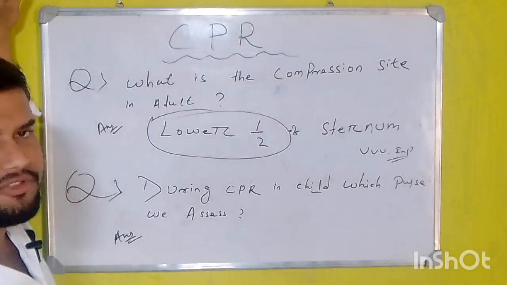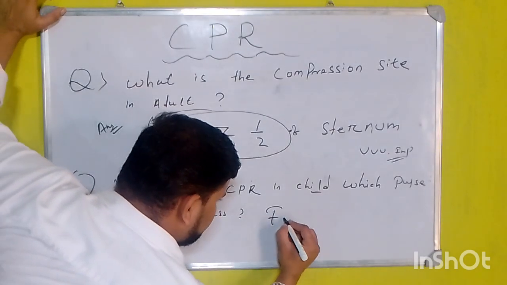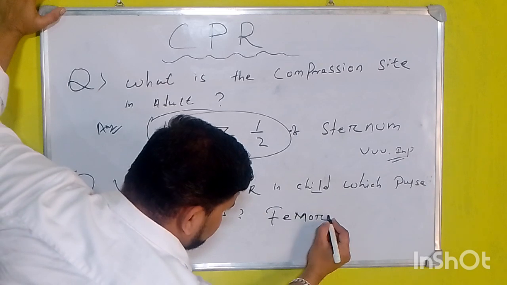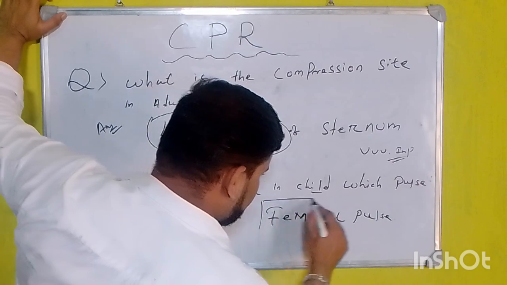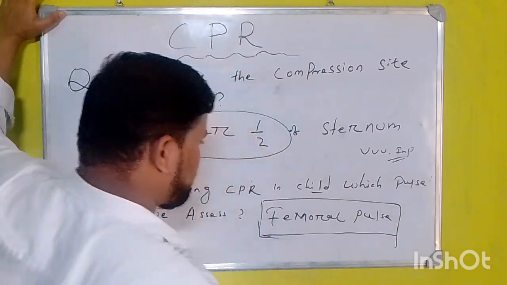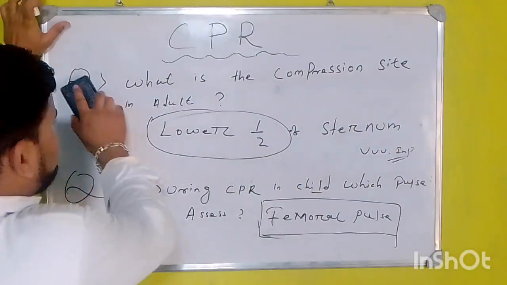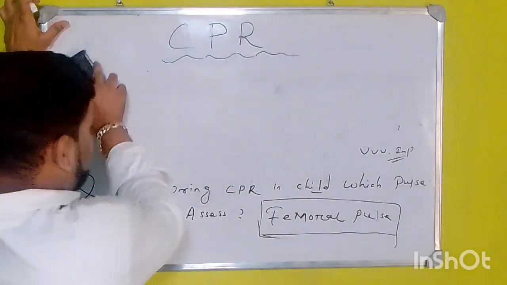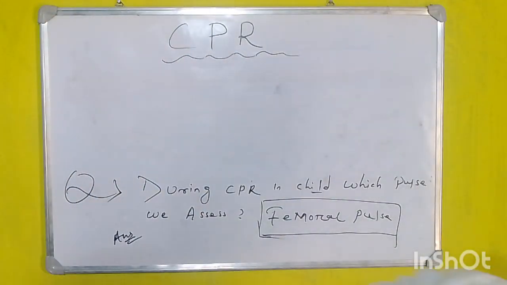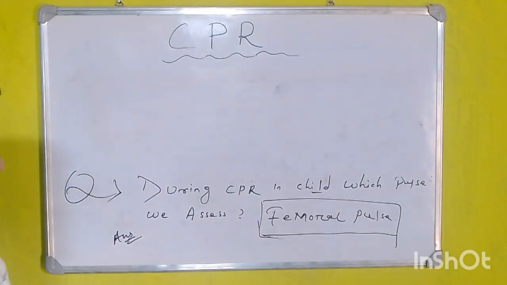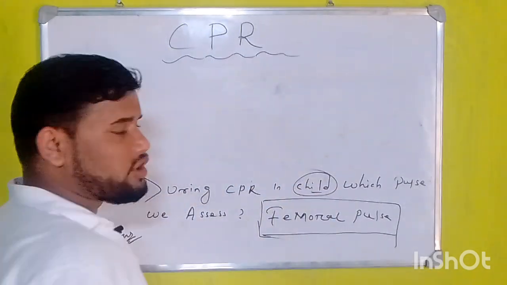That is, in case of child, we assess the femoral pulse. That is femoral pulse. During CPR in child, which pulse do we assess? That is femoral pulse.